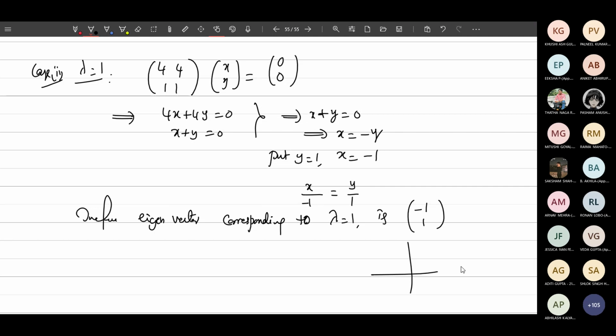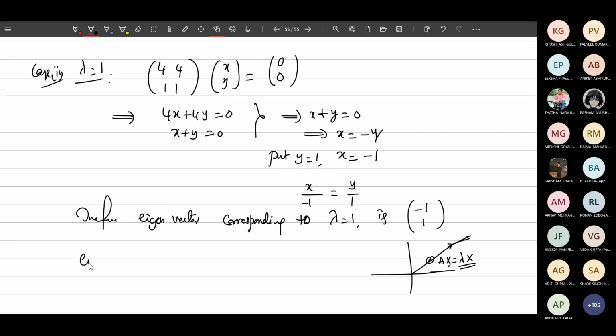Now finally, what happens with this? You have a matrix system, that means you have a given matrix A, and you found that there is a vector x and a lambda such that Ax equals lambda x. So when you scale any vector, lambda times x is the same as A times x with the given matrix A. So this x is an eigenvector and this lambda is an eigenvalue.